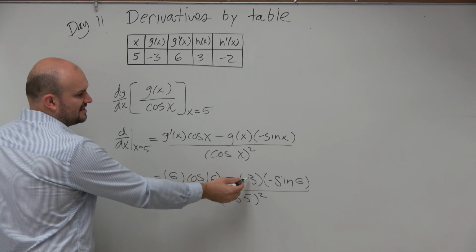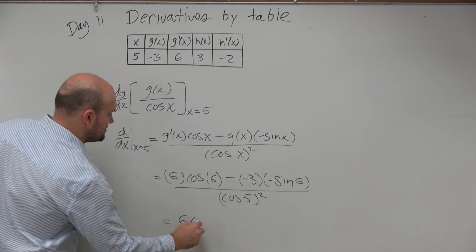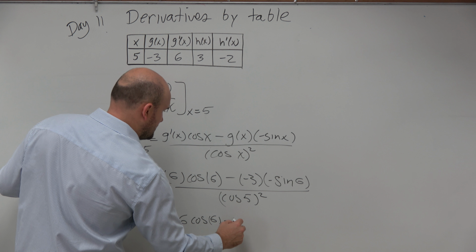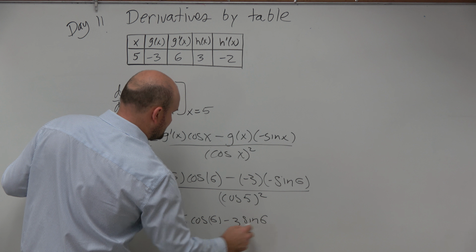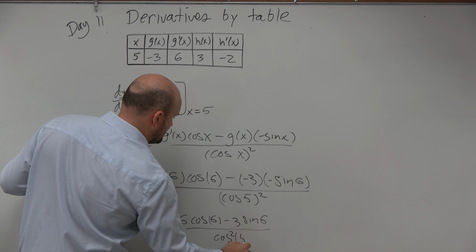Then we can simplify this. A negative times a negative is a positive, times a negative, so that's a negative. So that's going to equal 6 cosine of 6 minus 3 sine of 6 divided by cosine squared of 5.